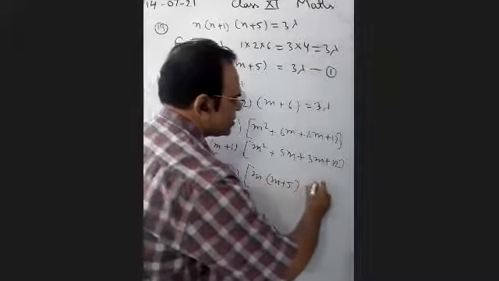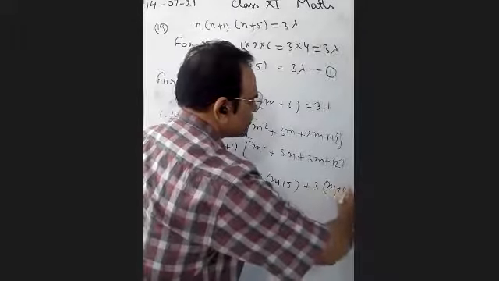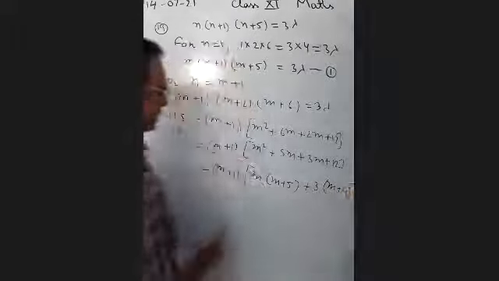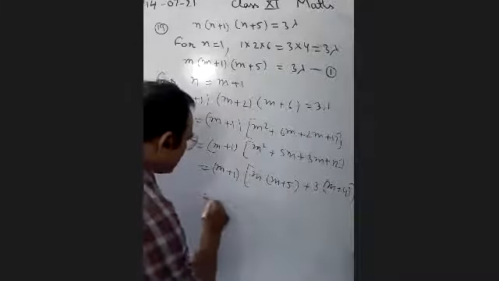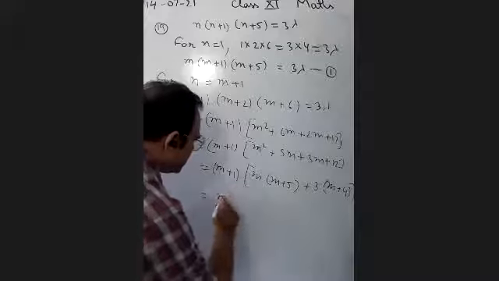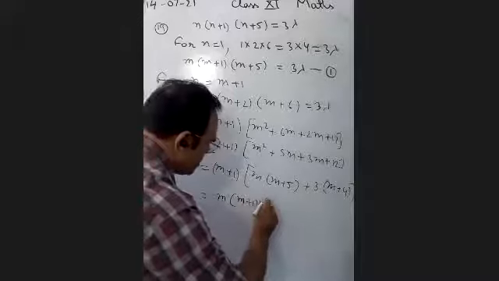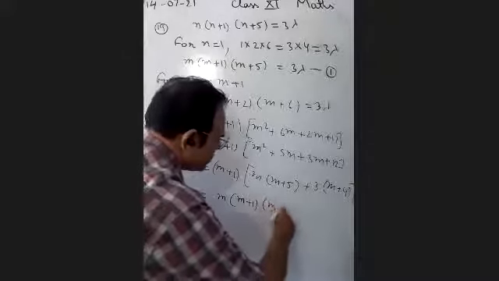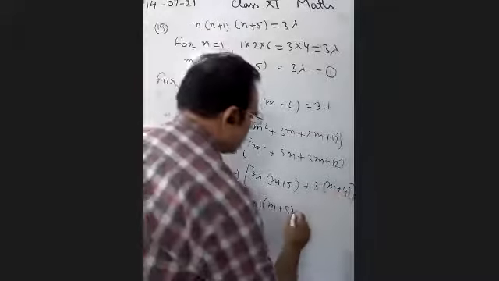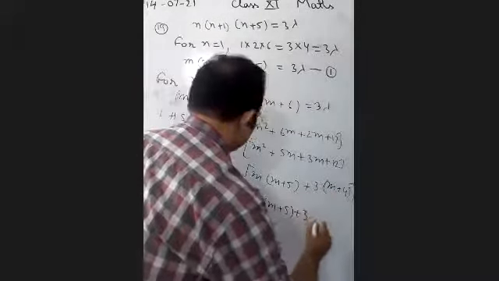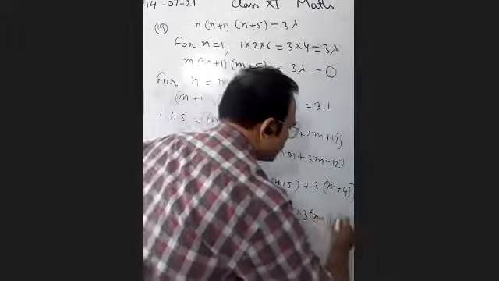If we take 3 common, we will get (m + 4). Now we are multiplying by (m + 1). If we multiply by (m + 1), so (m + 1) m (m + 5), ठीक है. And if we multiply by this sum, we will get 3 (m + 1)(m + 4).